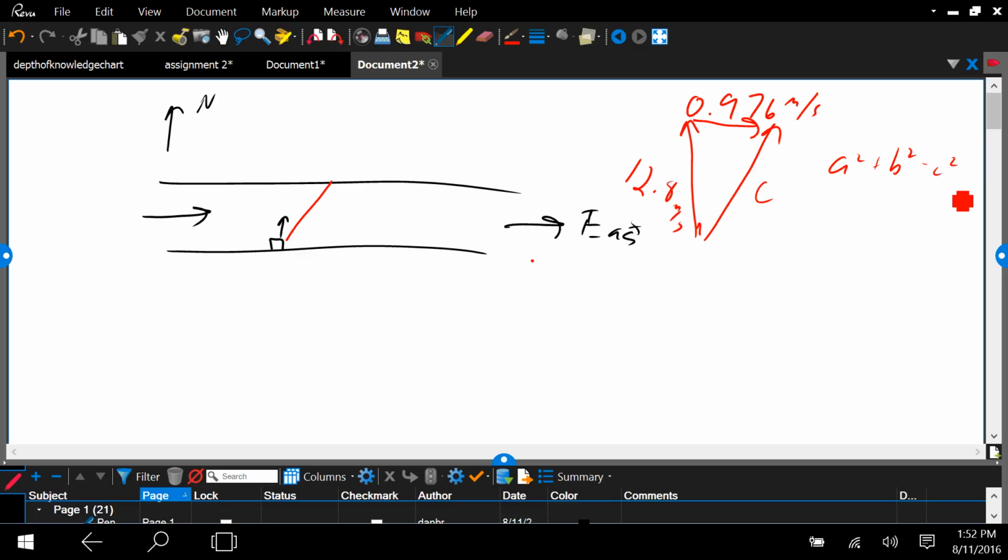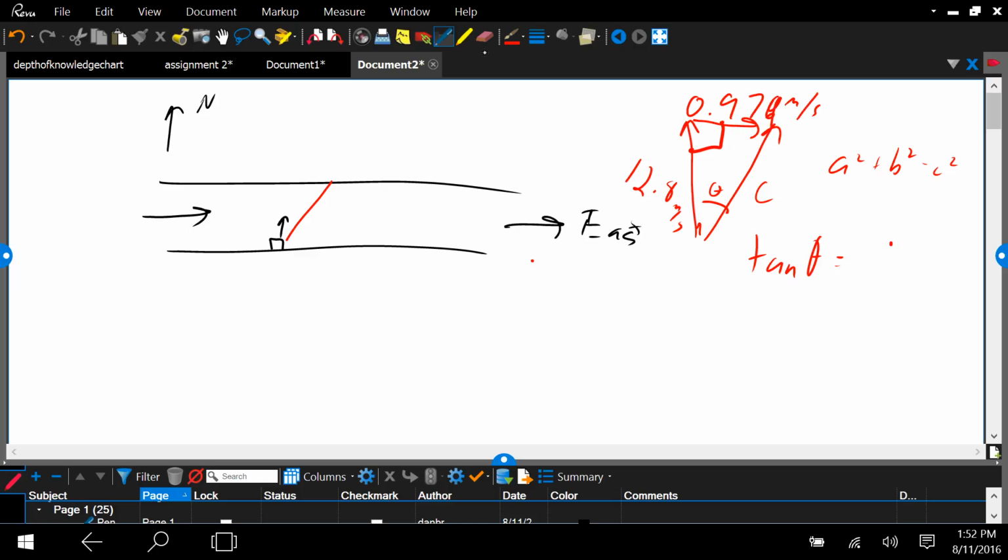And so I can simply do a Pythagorean theorem. This is a right triangle. Since one of these arrows points to the north, the other arrow points to the east, then I can find my third side of the triangle pretty easily. Once I had these three sides of the triangle, you could also find angles, right? We could find this angle right here, and I could say that the tangent of the angle would be the opposite side over the adjacent.